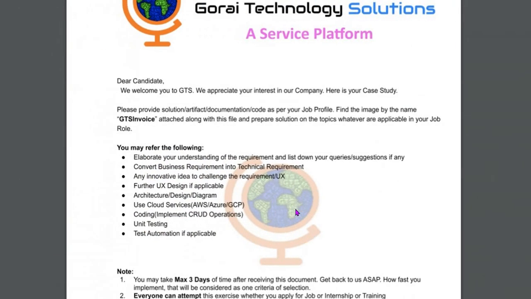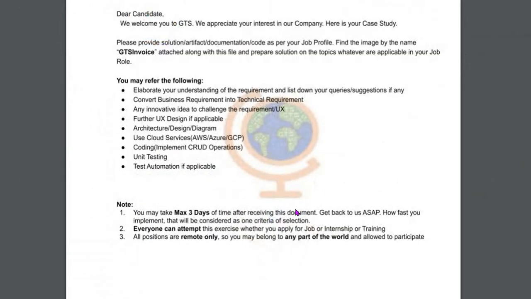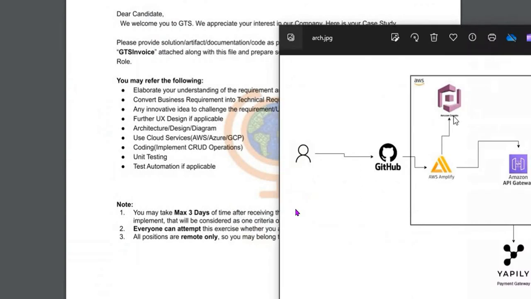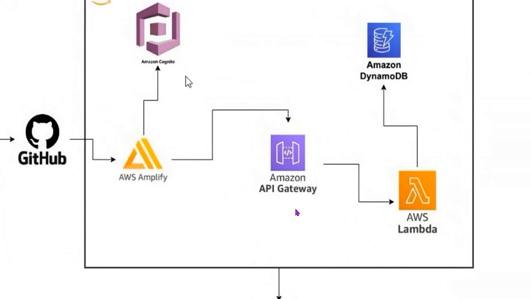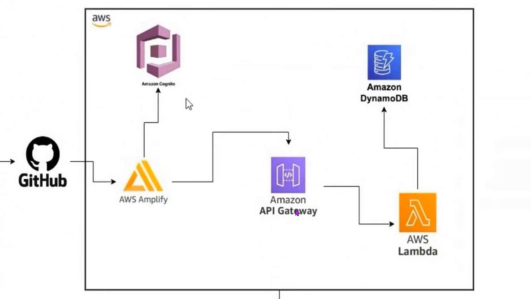Okay, for that I have used the AWS service Amazon Cognito, which provides us a secure resource which automatically stores users' email and password, and also provides authentication when a user logs in for the first time or makes a new account.